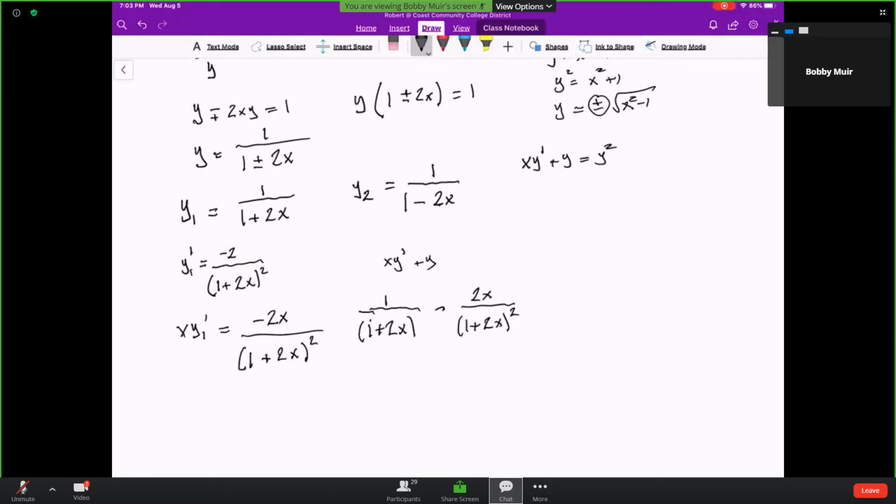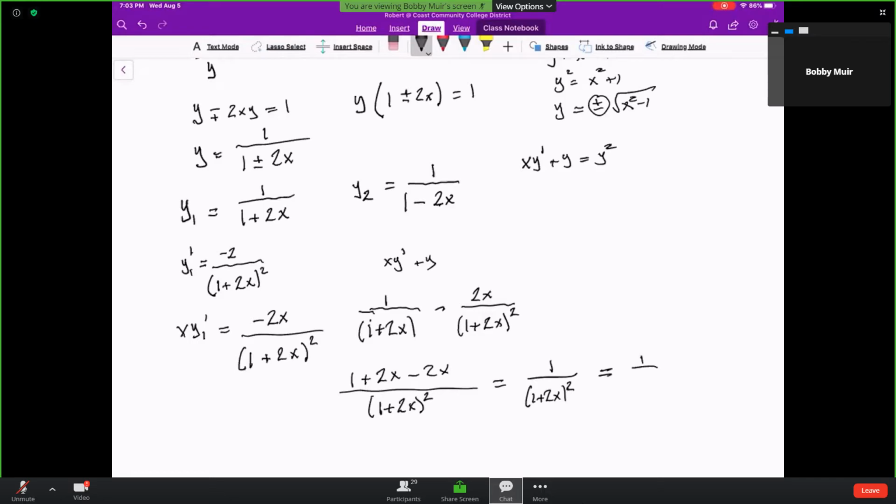If I common denominator this, it's going to be 1 plus 2x minus 2x over (1 plus 2x) squared. That's 1 over (1 plus 2x) squared.